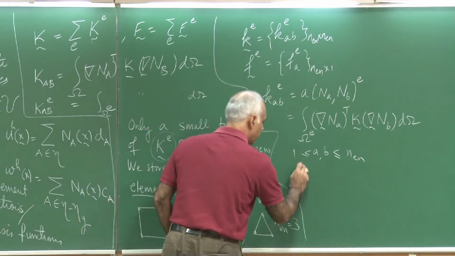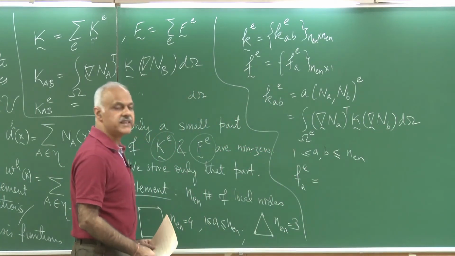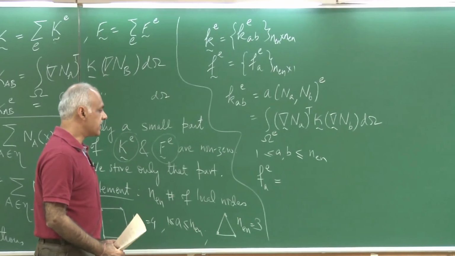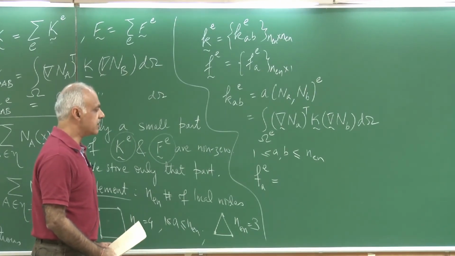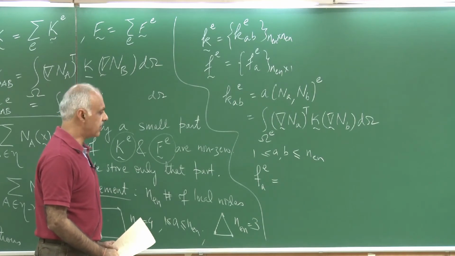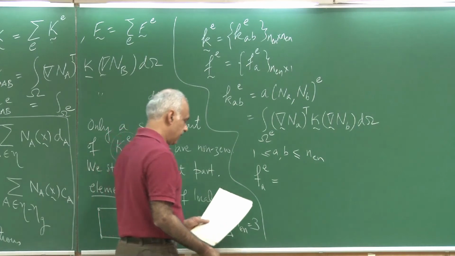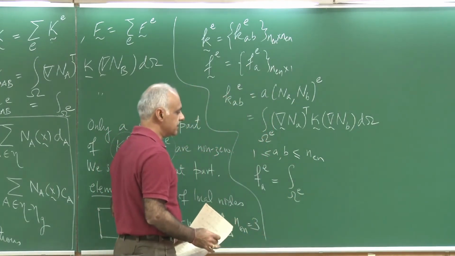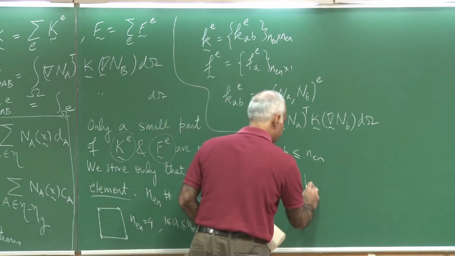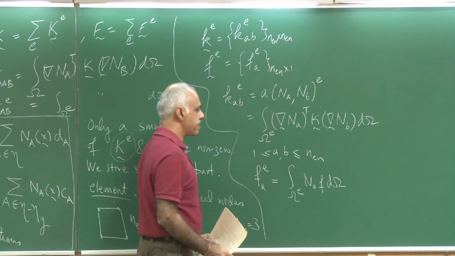Similarly, I could write down what is FaE. This consists of 3 terms. One is from the source, the heat source term, and the other 2 are from the boundary conditions. One term is from the Dirichlet and the other is from the Neumann conditions. So, let me write it for you. The first term is very simple, Na times f d omega.